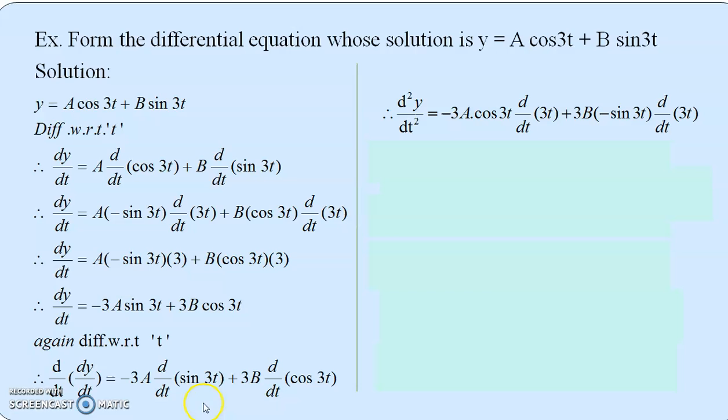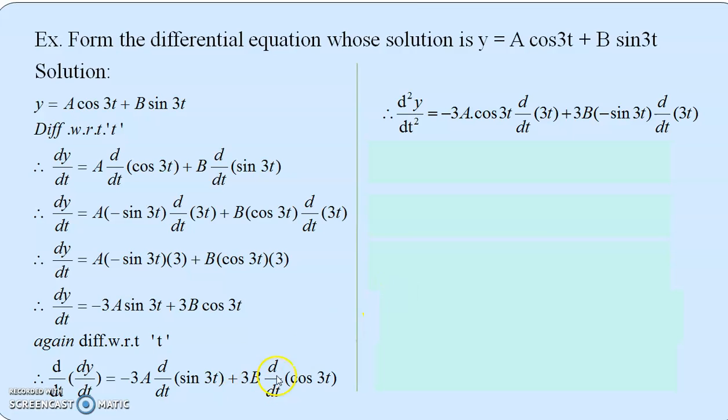Now just simplify this term. So the derivative of dy by dt is nothing but d2y by dt square is equal to minus 3a into the derivative of sin 3t, that is cos 3t. And here sin 3t is a composite function, so again take the derivative of 3t.